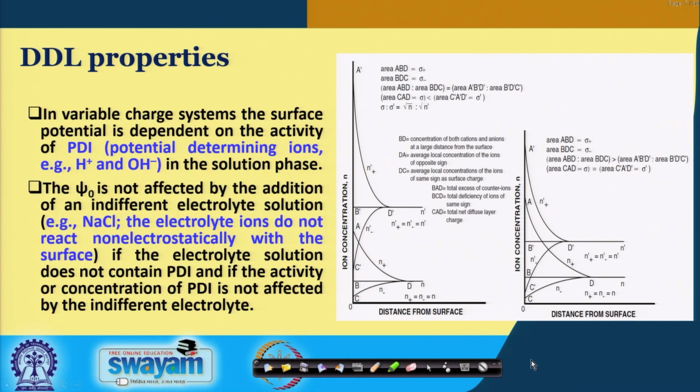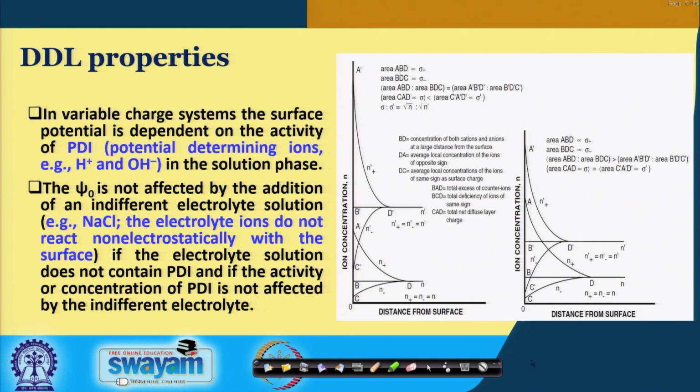In a variable charge surface system, the surface potential is dependent on the activity of the PDI, which is a short form of potential determining ions, that is H plus and OH minus in the solution phase. So psi 0 is not affected by the addition of an indifferent electrolyte solution, for example sodium chloride, which is an indifferent electrolyte, where the electrolyte ions do not react non-electrostatically with the surface.